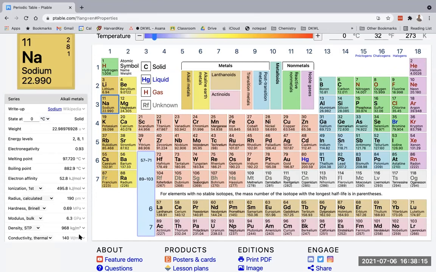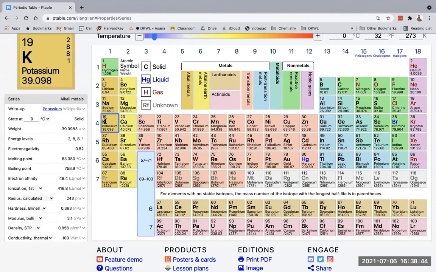Okay. Let me change the unit of density, grams per centimeter cube. So water has a density of 1 gram per centimeter cube. On the table on the left, the second last line is for density. Water has a density of 1. Sodium has a density of 0.968, which means sodium, if you put it in water, will float because it has less density.